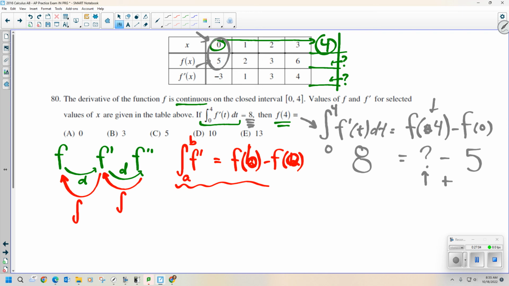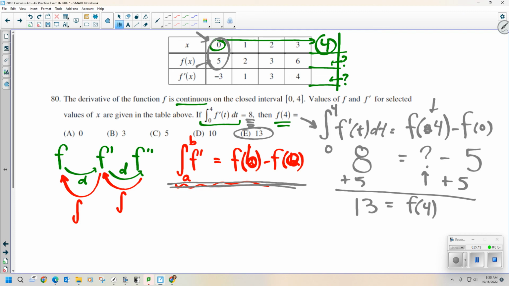If you want to add 5 to both sides, go right ahead. 13 is my question mark, which is f of 4. That was so simple if you just understood that the bounds get plugged into the original function. Again, this is a problem that they put on the section where you need a calculator. Shame on them. This must have been some bitter people in 2016 who wrote this.